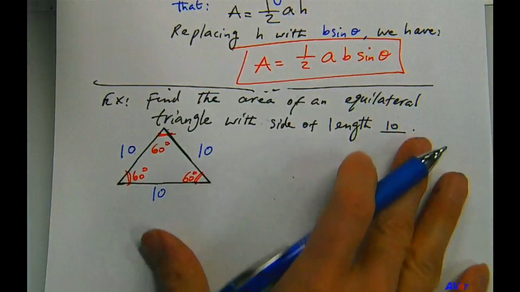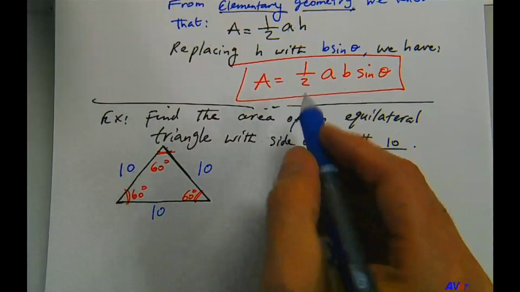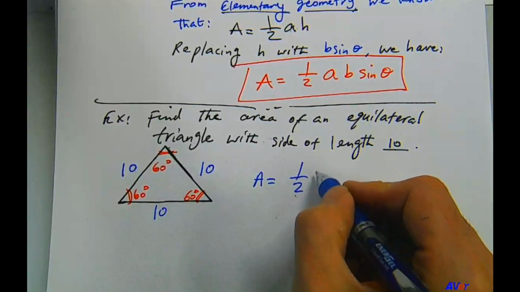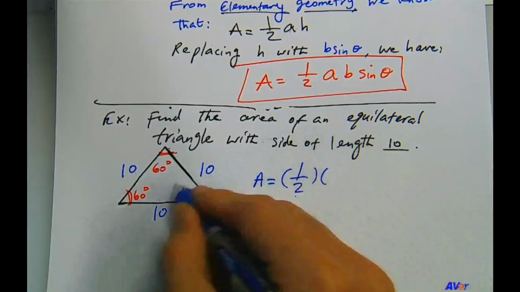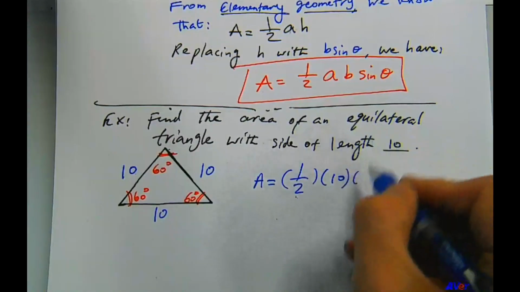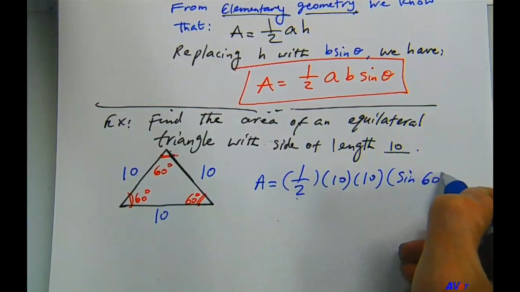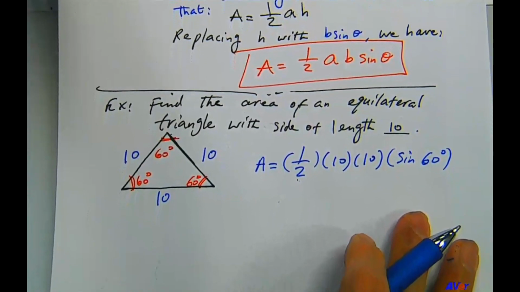Okay, so applying this formula, we have A equals 1/2 times a, which would be 10, b would be 10, times sine of 60 degrees, right?